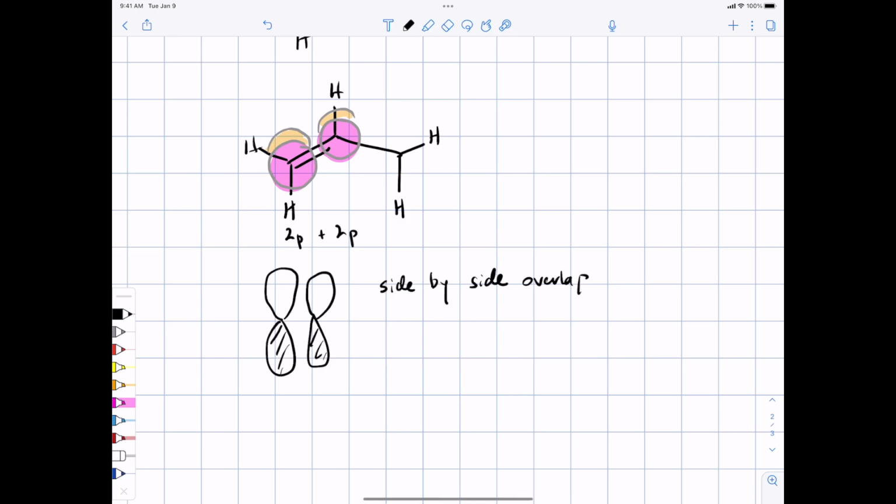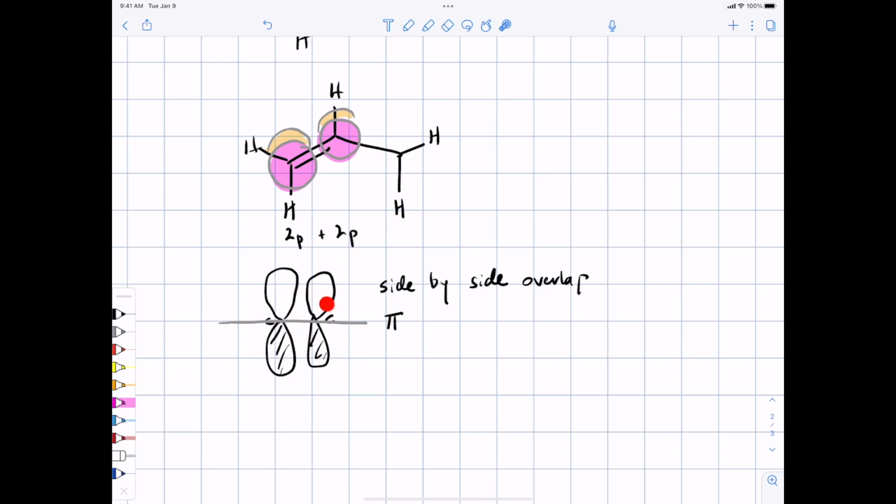And so that kind of overlap is called pi type overlap. We're going to call this a pi bonding orbital. Notice that it's different because there's still a node. The nuclei are here. Here's where the carbons are. There is a node in the plane of the two carbons. So along the axis between the two carbons, there's no electron density.